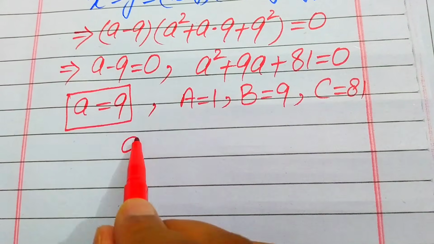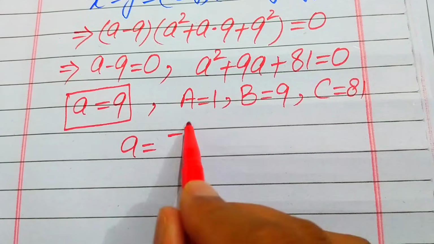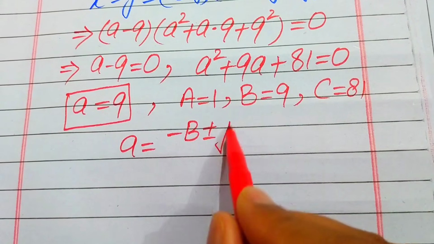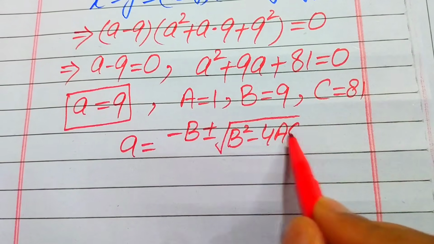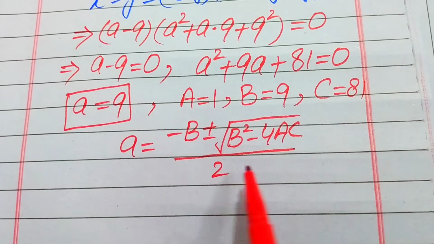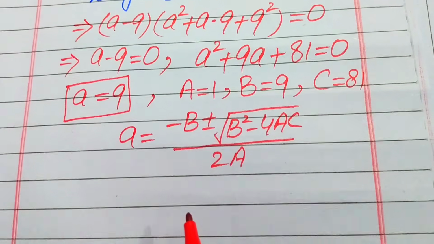We state the quadratic formula as a equals minus b plus minus square root of b squared minus 4ac, divided by 2a.